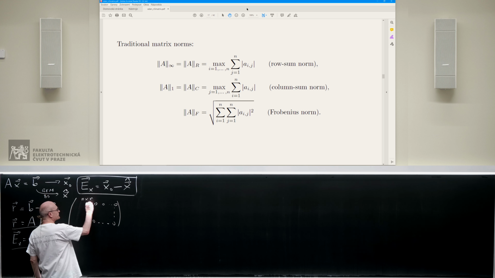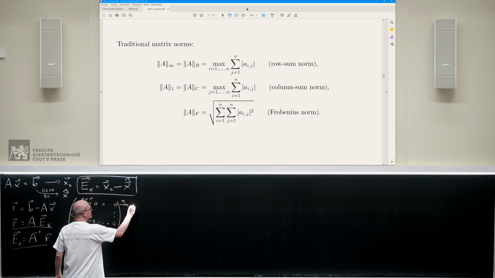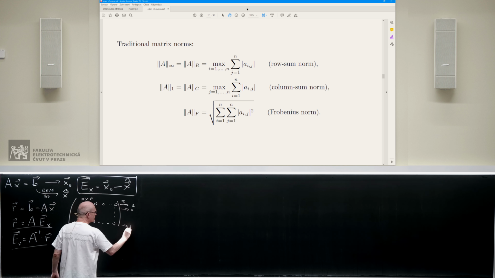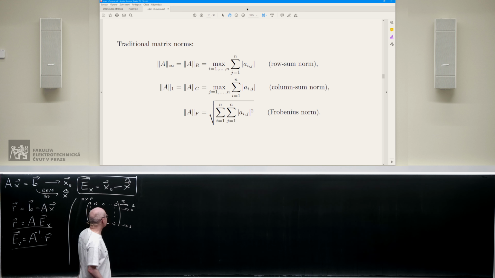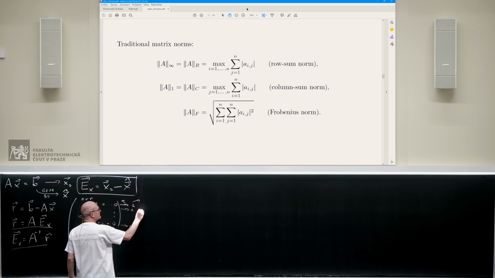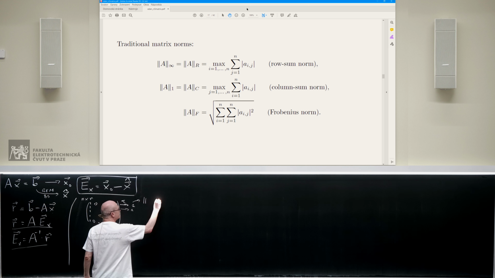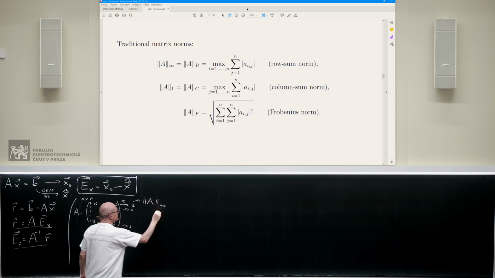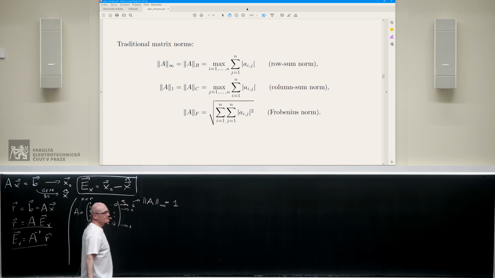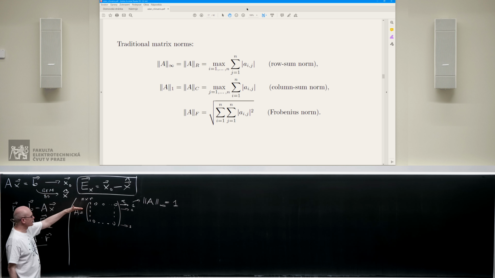So I sum up the first row and I get 1, and I sum up the second row and I get 1, and so on. Each row gives me summation 1, but that's of course a special example. And then I should take maximum of these outcomes. So when I take the largest, I get that the infinity norm of this matrix, let's call it A, is just 1. So that's the row sum norm.